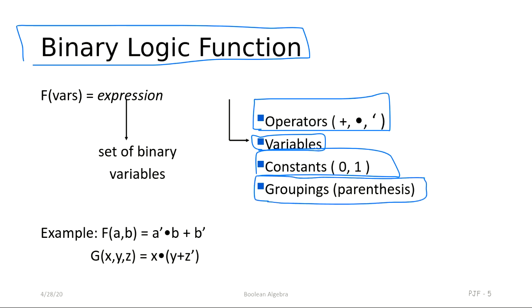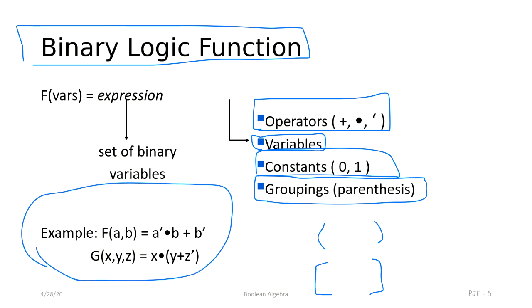Parentheses means these brackets, like this bracket, or there are other brackets. Here are some examples shown to you. This dot represents multiplication. The plus sign we all understand. And this sign here is the inverse sign.